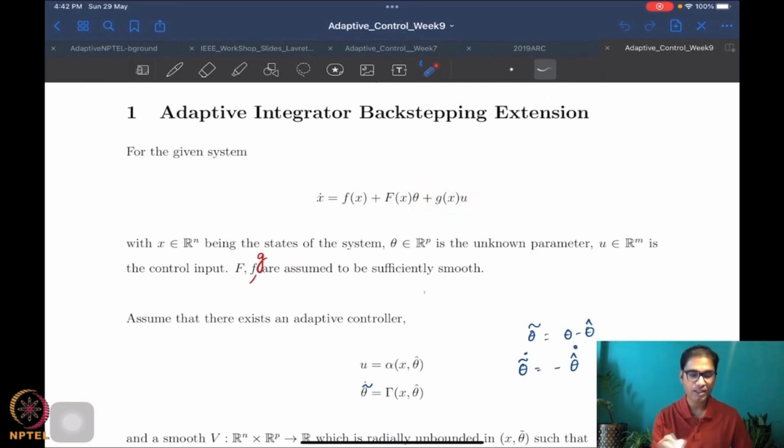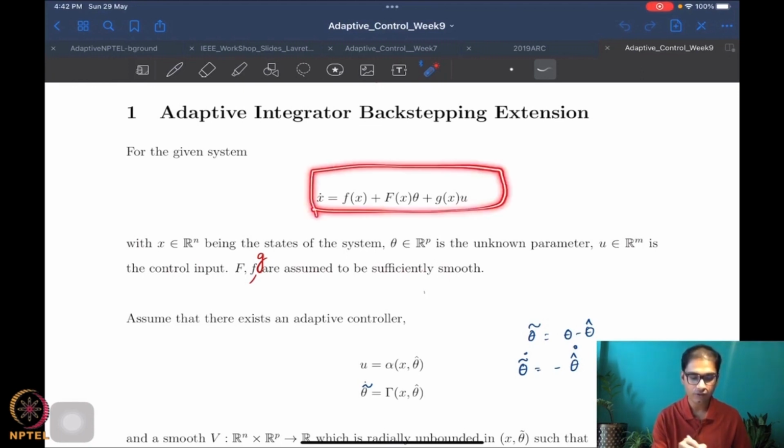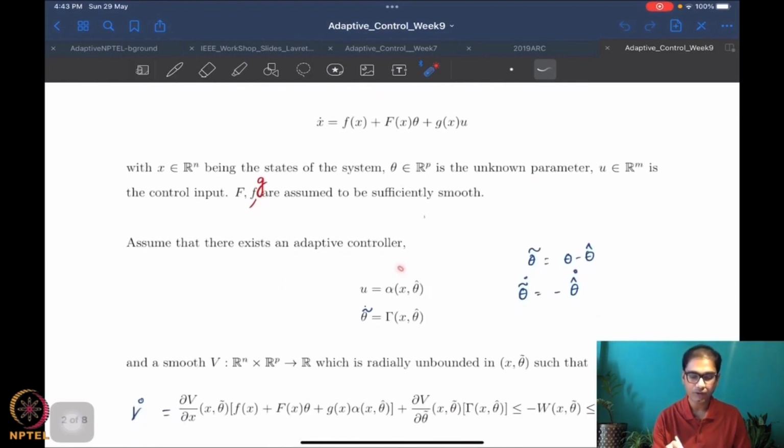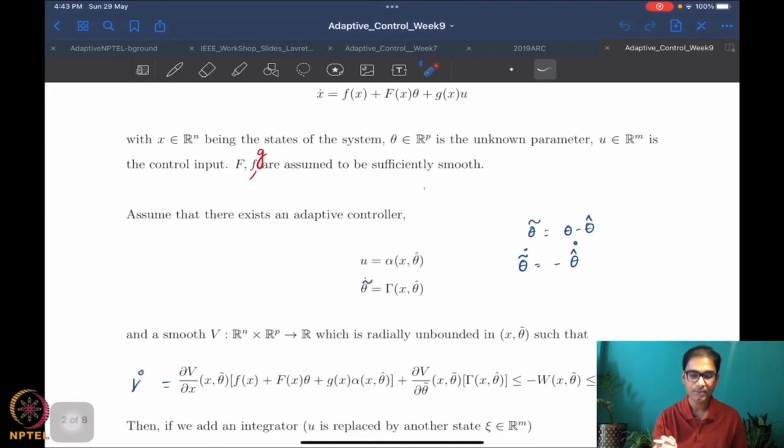So what we assume is that for such a system, where of course the dimensions are stated and the functions are sufficiently smooth, there exists an adaptive controller, which means that there exists a u and there exists a theta tilde dot such that the system has bounded states and some nice thing happens to the error states, right?